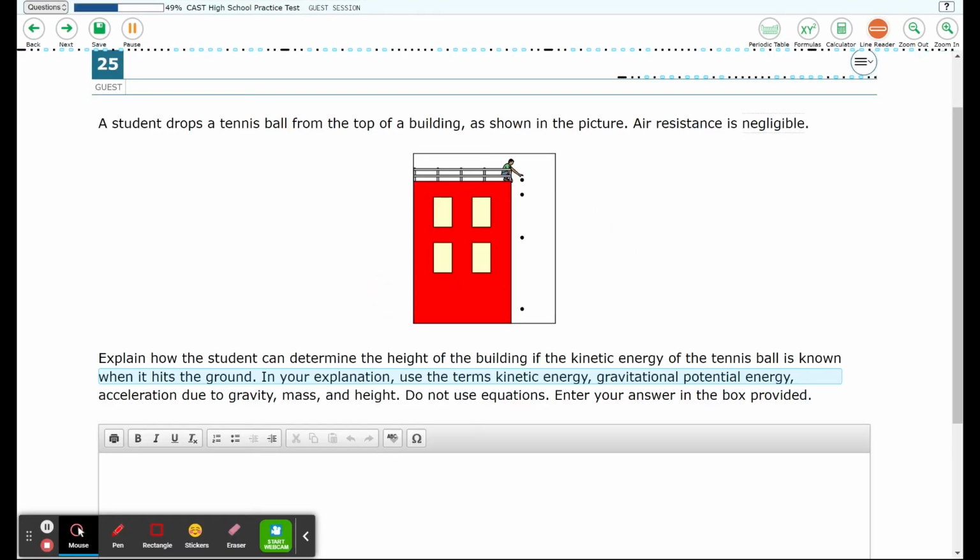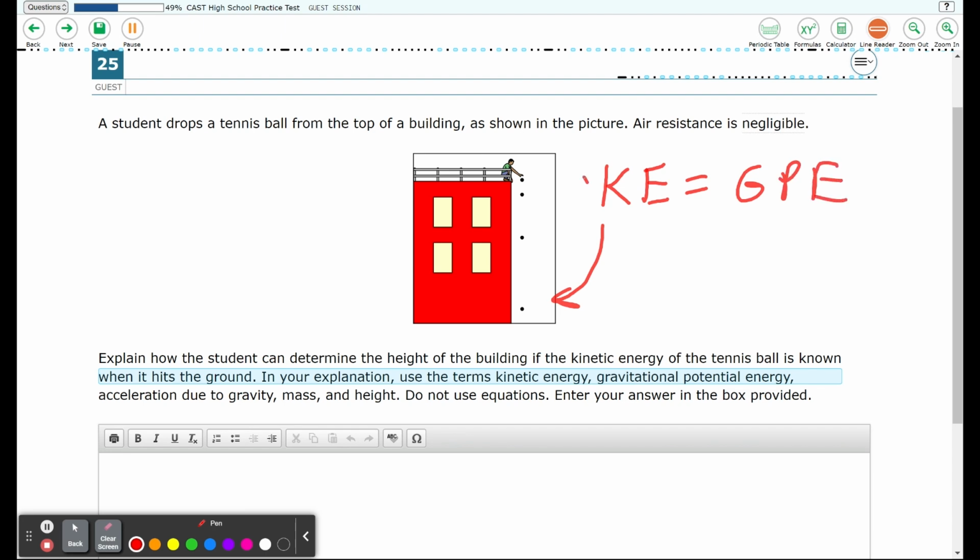All right, so there are two main things you need to make sure that you included in your answer here. The first is the idea that the kinetic energy at the bottom is equal to the gravitational potential energy at the top, because we have conservation of energy going on here where we start off with gravitational potential energy.